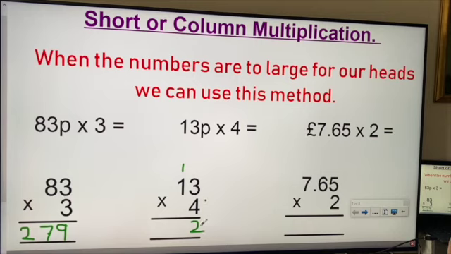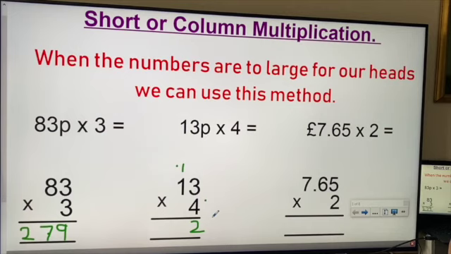So we can carry that 10 over to the tens column. Now I'm putting it up here and not below here, just because when you are older and you get into year 5 and beyond, your column multiplication gets more and more complicated, and it's best to keep the numbers that you are carrying up over here and out of the way.